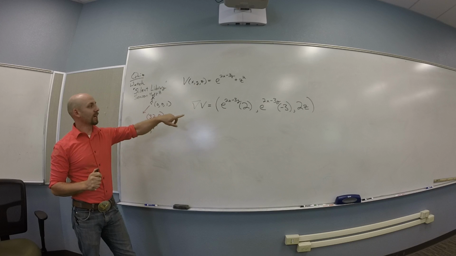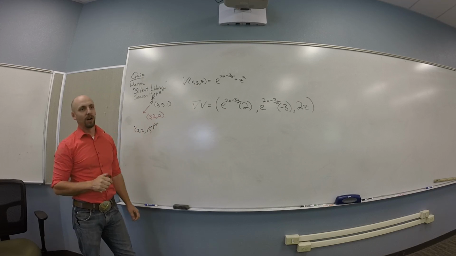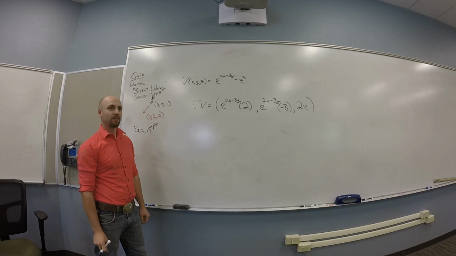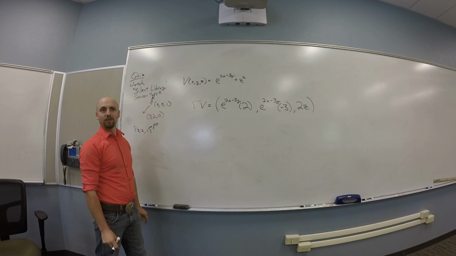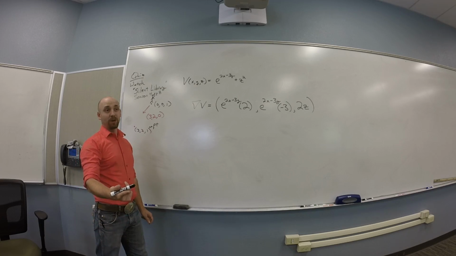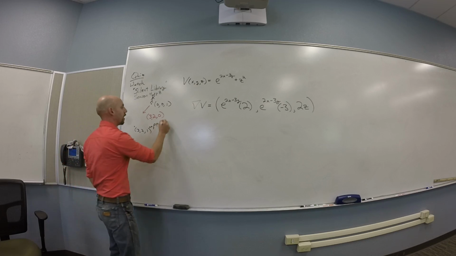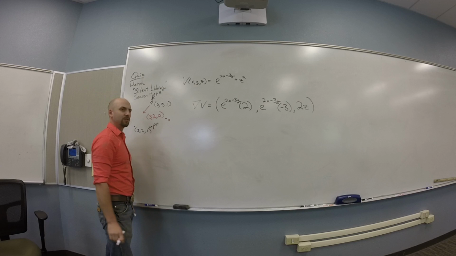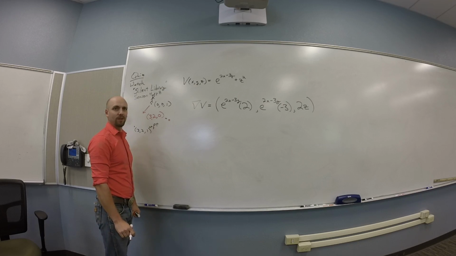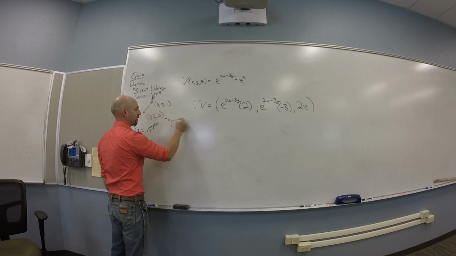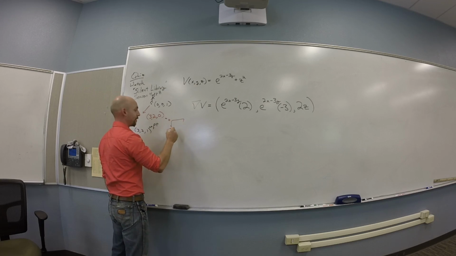Okay, so I got the gradient of v. What else do I need? I need a unit vector pointing in the direction. So not 3, 2, 0, but how long is 3, 2, 0? Square root of 13.